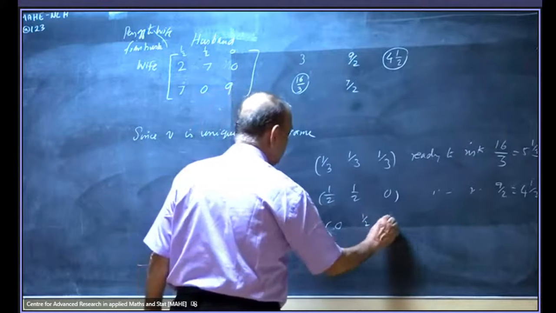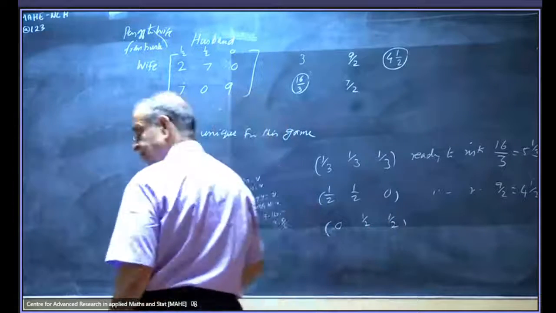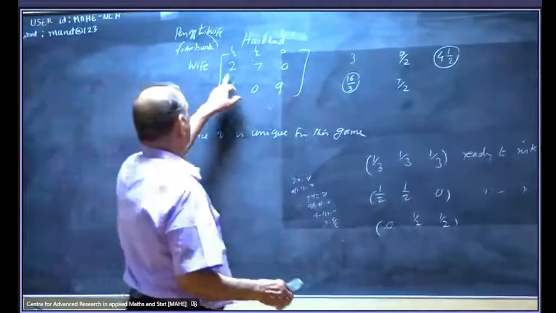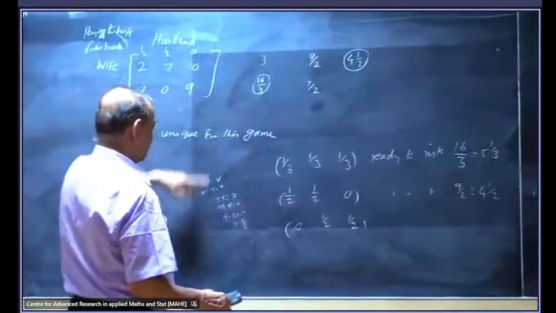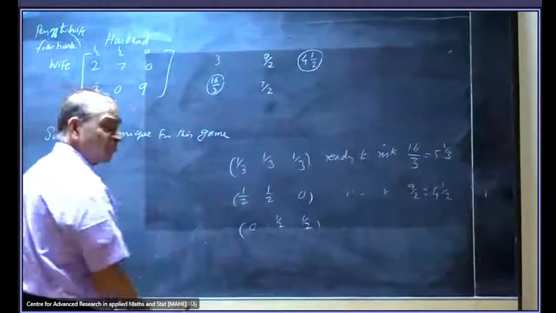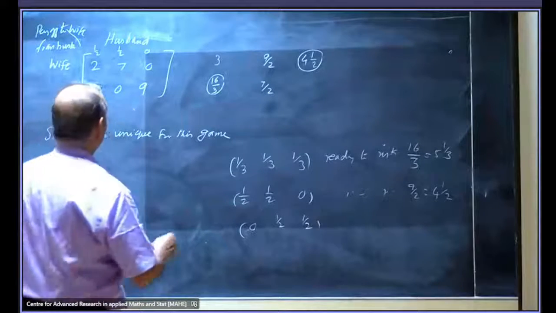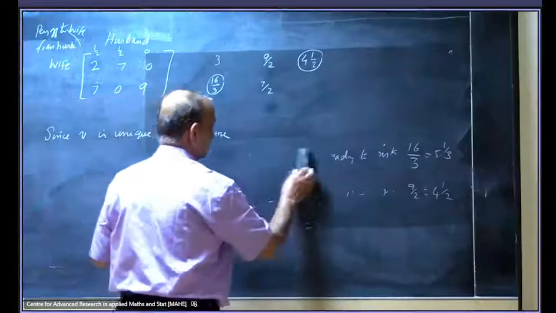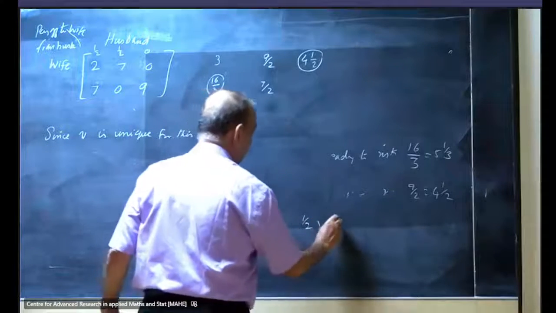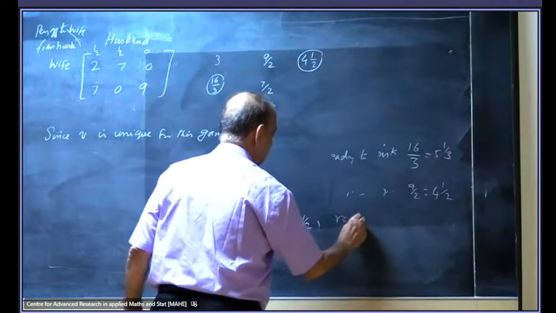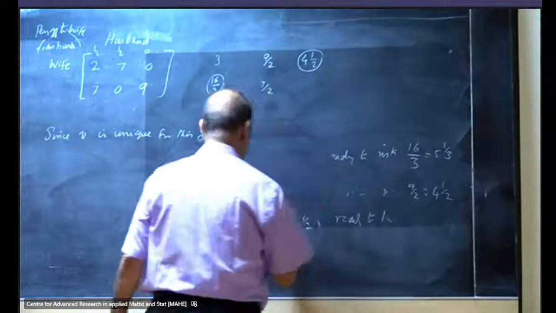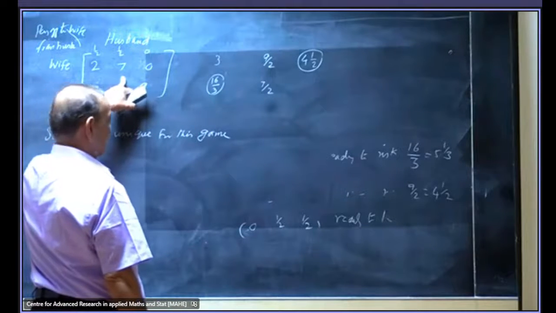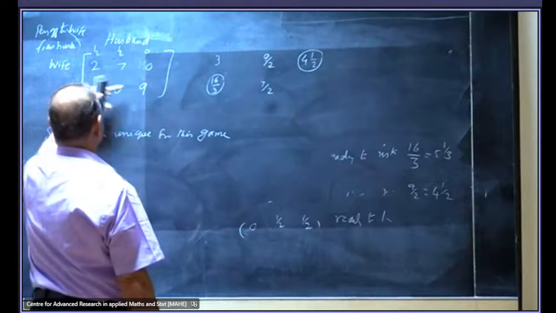Suppose they try this one. Let's do this. Instead of choosing the first and second alone, he chooses only the second and third. That's good. So now calculate the amount which he should be ready to lose. Half the time it is 7, half the time it is 0 if she chooses the first row.